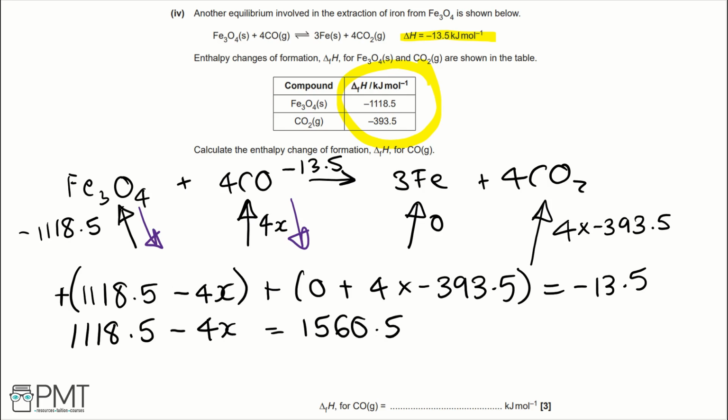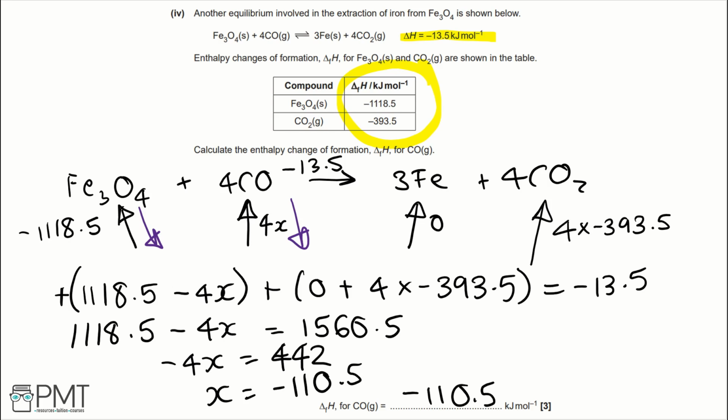Continuing to rearrange, we get that minus 4x equals 442. So x equals minus 110.5, and that's what we write in our answer space. To get the 3 marks for this question, you get a mark for the first bit of the equation, putting all of your enthalpy changes in the correct format and making it equal the delta H, a mark for rearranging, and a mark for x.